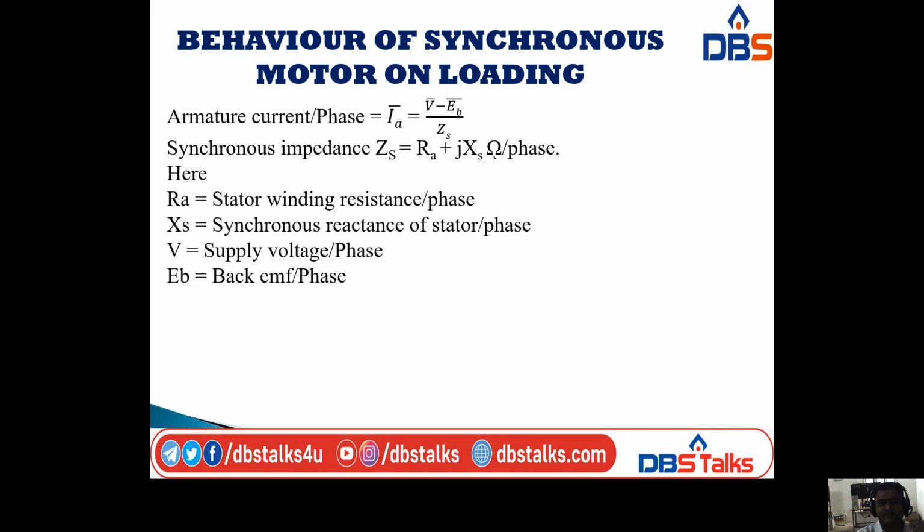Here the synchronous impedance ZS is equal to RA plus jXS ohms per phase, where RA is the stator winding resistance per phase, XS is the synchronous reactance of the stator per phase, V is the supply voltage per phase, and EB is the back EMF per phase. This is the behavior of the synchronous motor on loading.